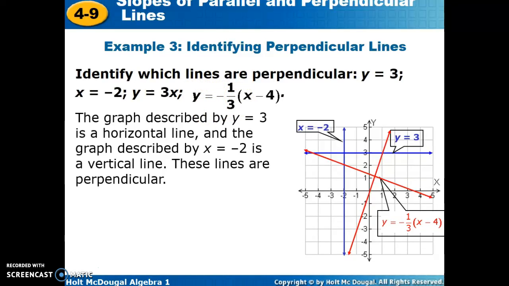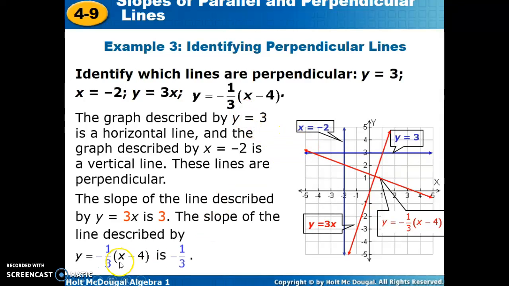We can also tell by the fact that one slope is the negative reciprocal of the other slope. This one is 3/1. This one is negative 1/3. That's our indicator. A product of negative 1.